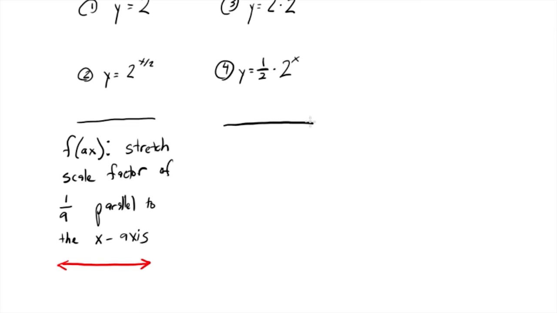In the case of formulas 3 and 4, we see that we have a value times the original function, and this will also cause a stretch of a scale factor of a, but this stretch will be parallel to the y-axis.